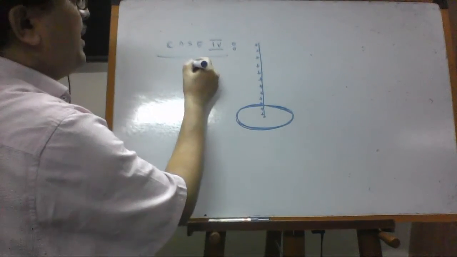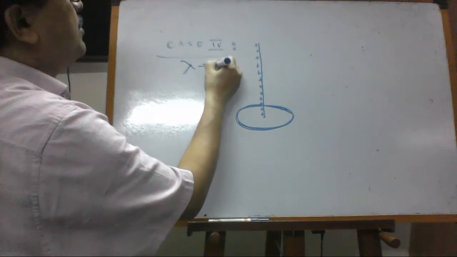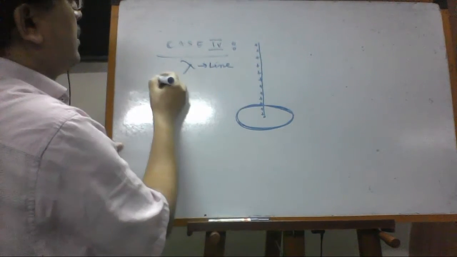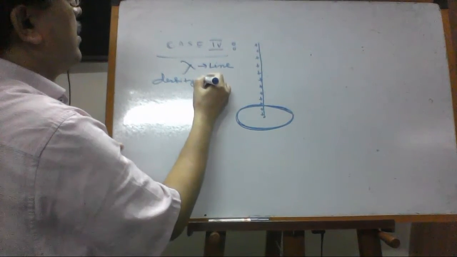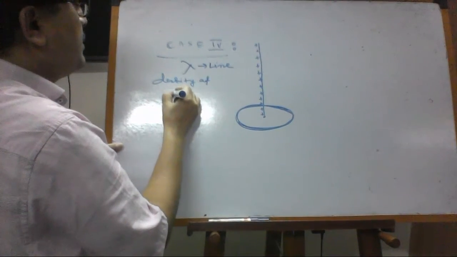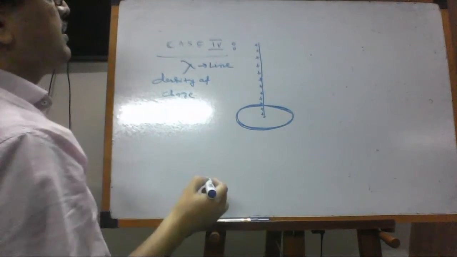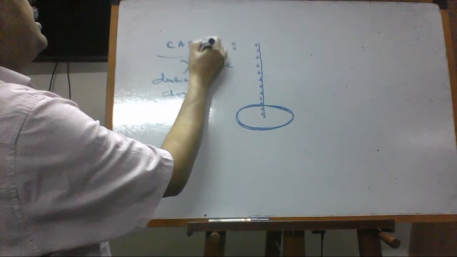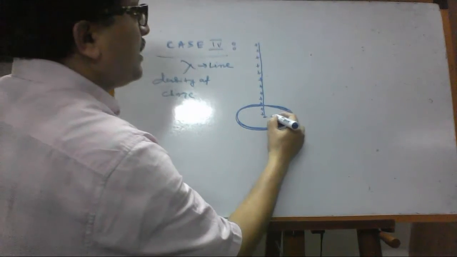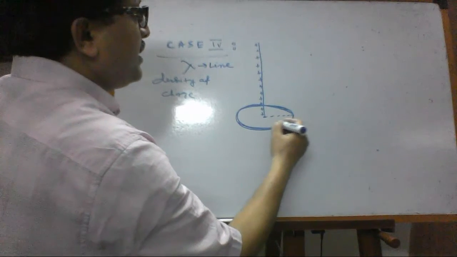It has a line density of charge lambda. What will be the electric flux through this circle area whose radius is r?